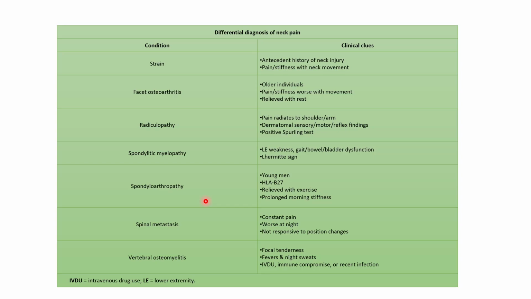These things may be present. In spondyloarthropathy, the patient gets relieved with exercise, like in ankylosing or axial spondyloarthropathy, the AS patient, you may get this sort of neck pain. There may be morning stiffness, HLA-B27 positive, relieved with exercise.